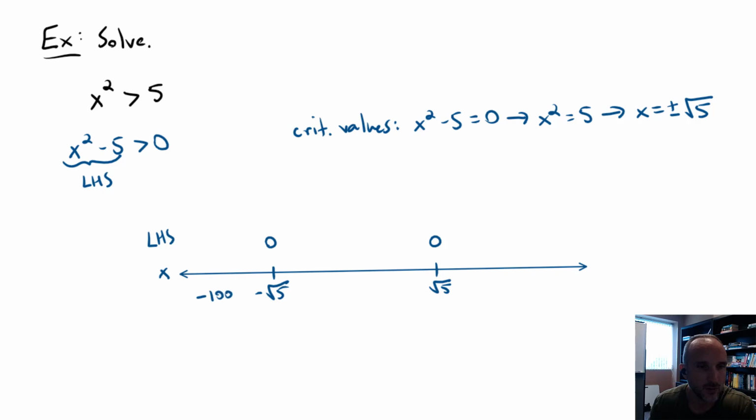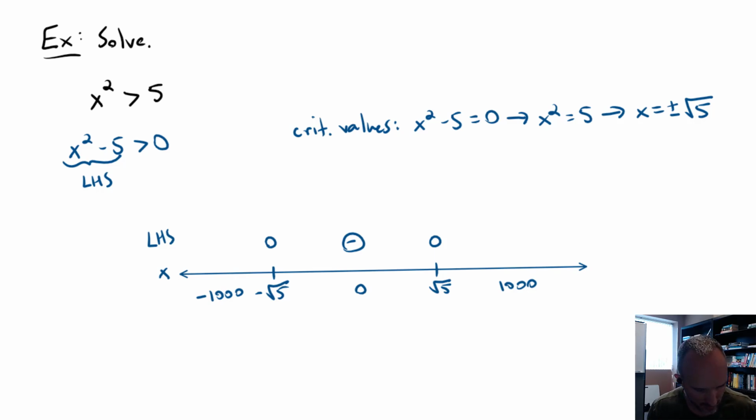Let's plug in negative 1,000, let's plug in 0, and let's plug in positive 1,000. Let's do 0 first. If I plug 0 into the left-hand side, 0 squared is 0, minus 5 is negative. Notice this isn't factored, so I'm not multiplying to find my sign anymore. So the calculator may be handy here if you want to try plugging in 1,000 for x and then typing x squared minus 5.